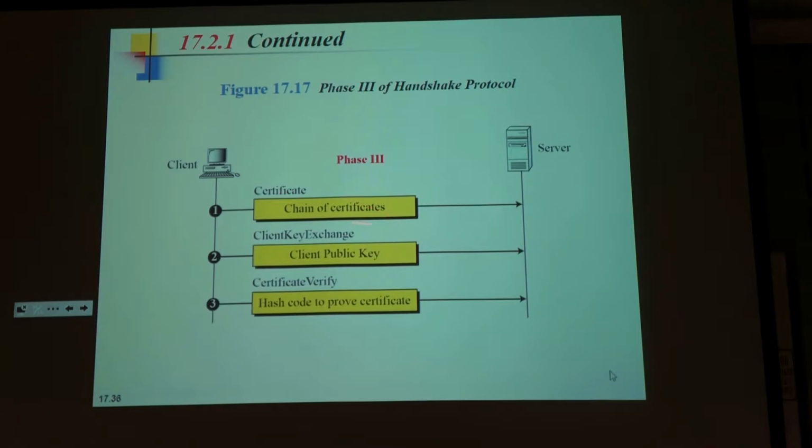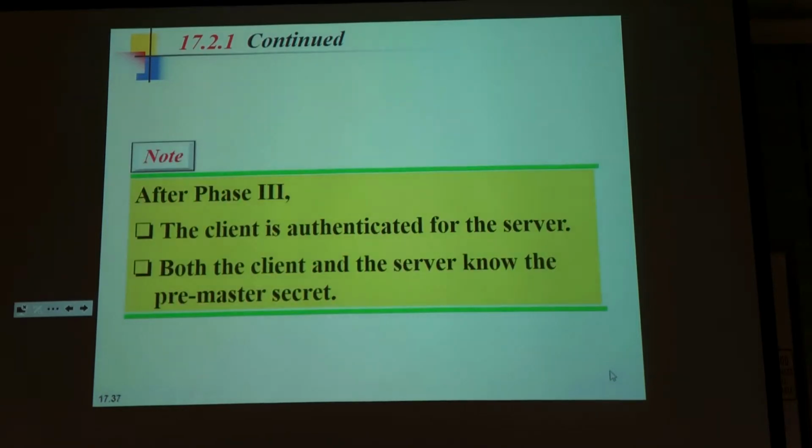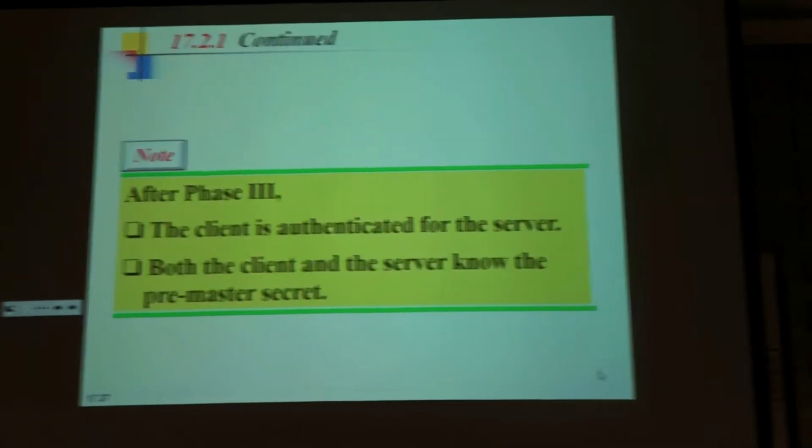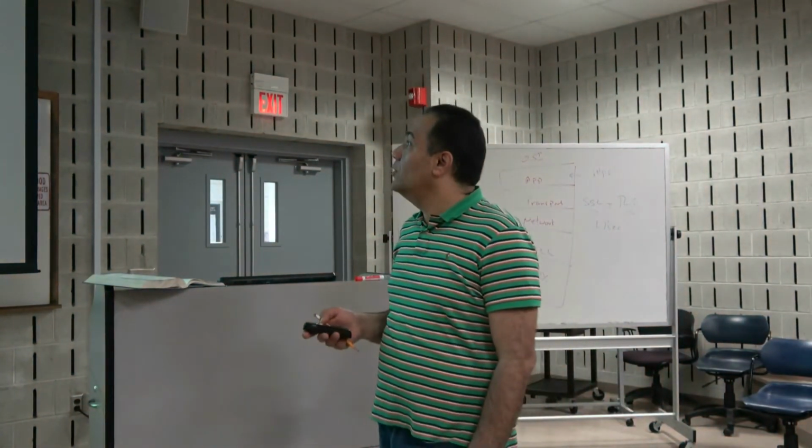So the client sends the keys and the public key and the hash code to prove the certificate. So in here, the client gets authenticated to the server. After phase three, the client is authenticated to the server. Both the client and the server know the pre-master key.